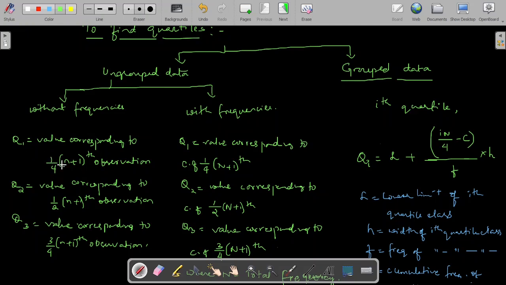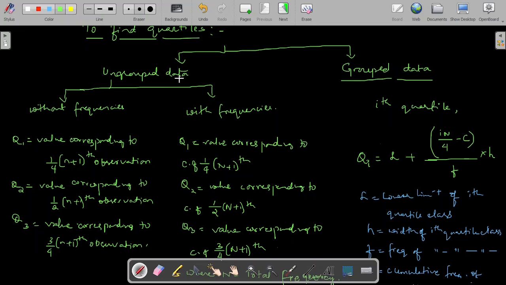It is easy to remember: Q1 means 1/4 of the distribution, Q2 means half of the distribution, Q3 means 3/4 of the distribution. The same values must be written here, times (n+1). Q2 is the value corresponding to the 1/2 times (n+1)th observation. Q3 is the value corresponding to the 3/4 times (n+1)th observation.